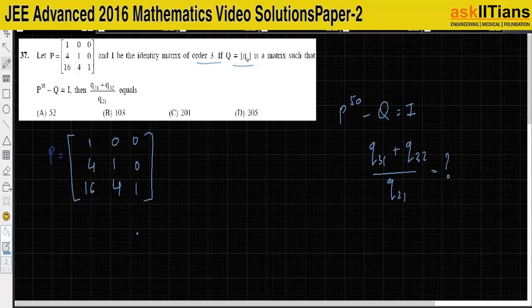Now we already know that P is this, so let us try and find out what is P power 50. For that, first of all, I will have to find out P square. So if I find out P square, I'll just multiply this matrix two times. So let me take this matrix P and multiply it with the same matrix.